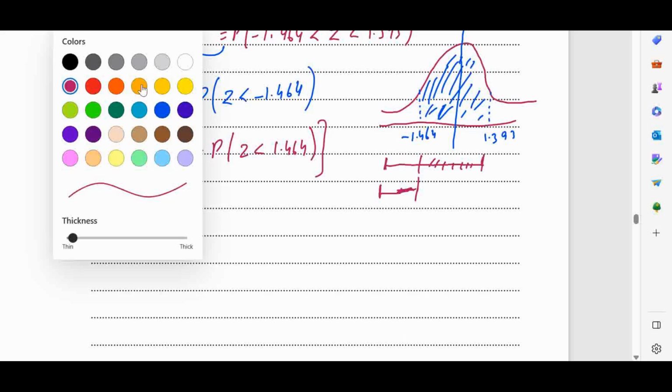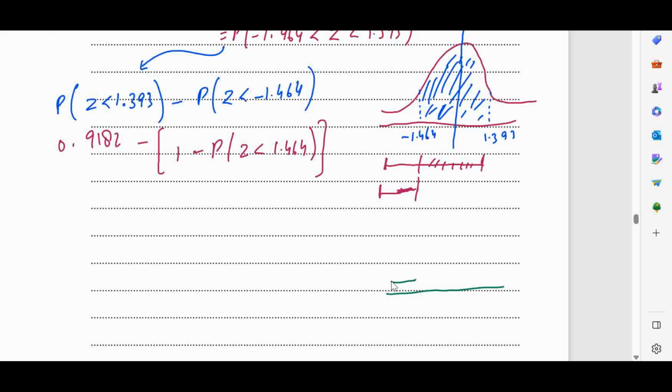In a normal distribution, there is always symmetry. Why? Because for negative values, let's say this is the required area, this region and this region remain the same. They are identical.